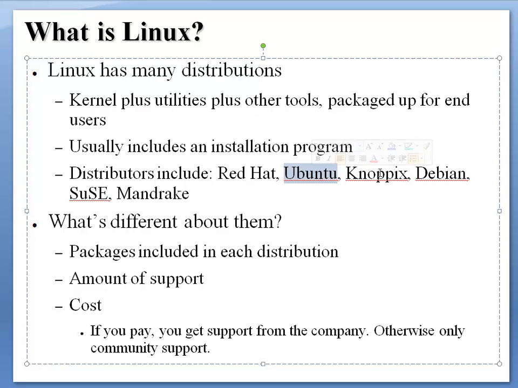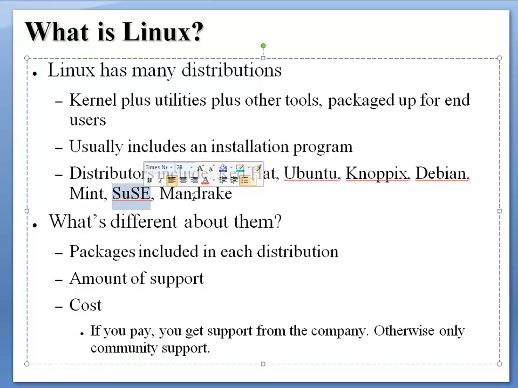But the other ones, including Knoppix, and let me write in Mint here, are community-based. SUSE also used to be, that's a German company that used to be based on Red Hat. And Mandrake also was a commercial company, and that went under, and that changed its name to Mandriva.